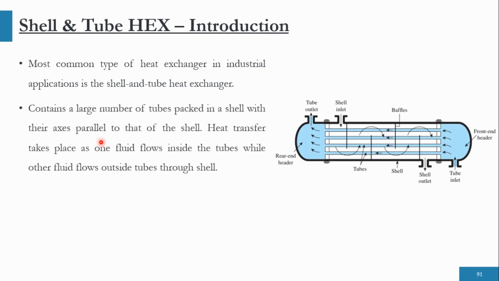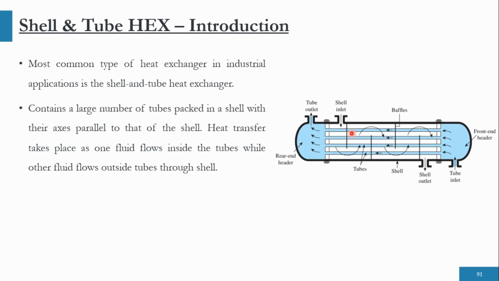It contains a large number of tubes which are packed in a shell with their axis parallel to that of shell. As you can see, these are the tubes which are represented here as blue color, while the white portion represents the shell side. So the tubes are packed inside this shell, and the axis of these tubes in the shell is parallel to that of shell.